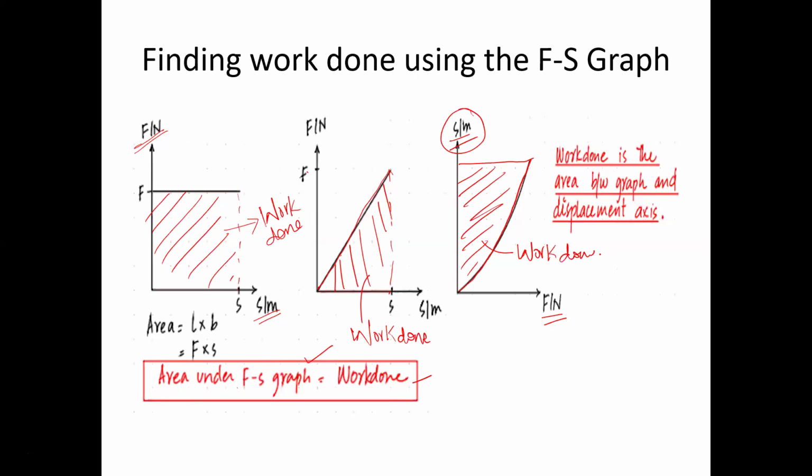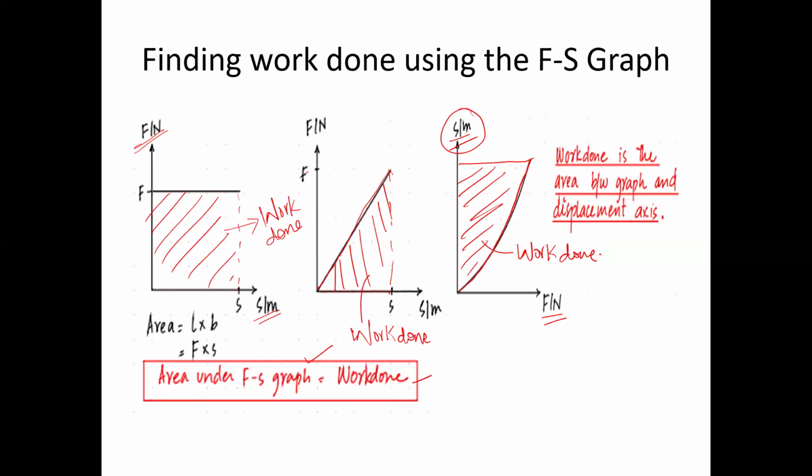So from a graph, how we can find out the work done? The work done can be found simply by area under force and extension graph. Or you can also state that area between the graph and the displacement axis will also be equivalent to work done. So area under force extension graph is equals to work done.